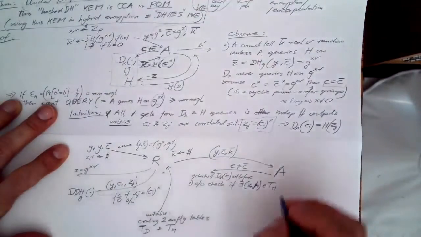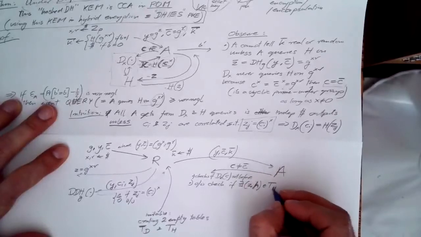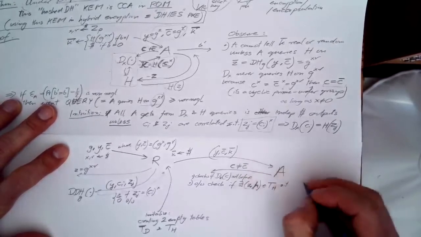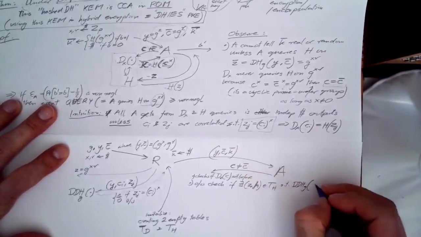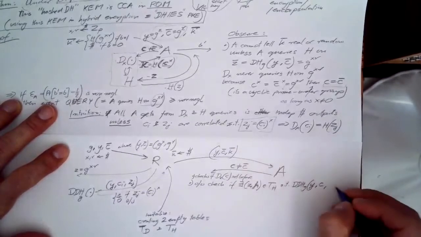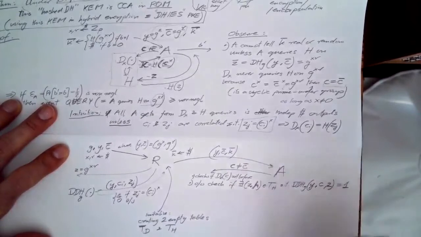So check if there was a Z, H input-output pair in the hash table such that DDH on public key Y, this query C, and this value Z is 1.